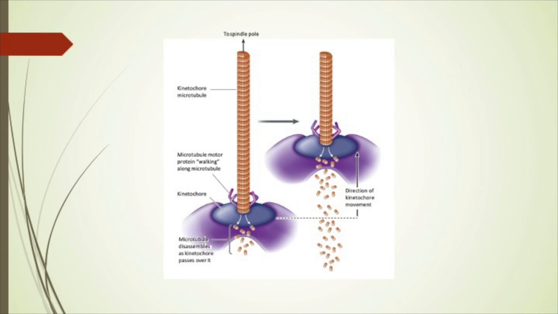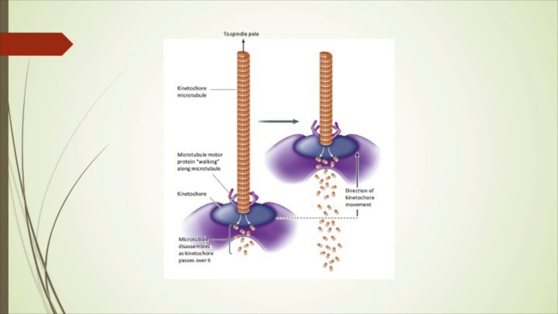You can see here that along the kinetochore, that purple part down below, is where the DNA is. That's the chromosome. And that's the spindle pole, with the spindle fiber coming up along that edge, along that rope-looking thing.